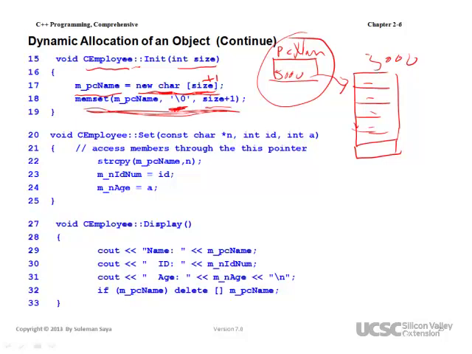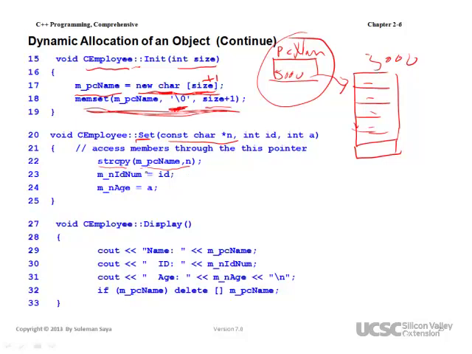So at line number 20, we have a set function which is a member of the CEmployee class. When the set function is called, all it is going to do is copy the character string that we have passed to this function, using the regular string copy function.